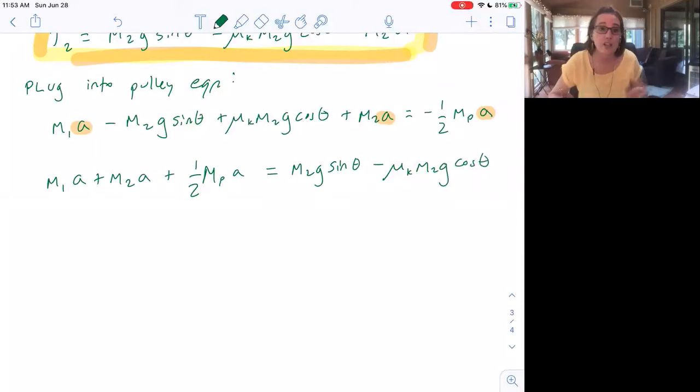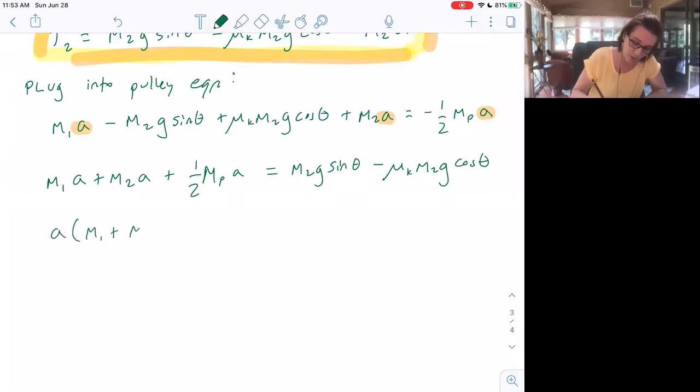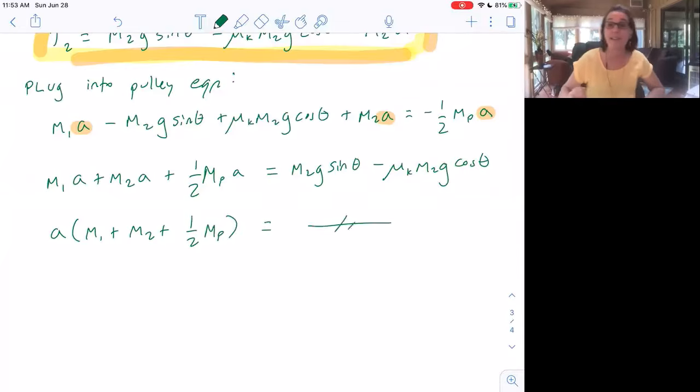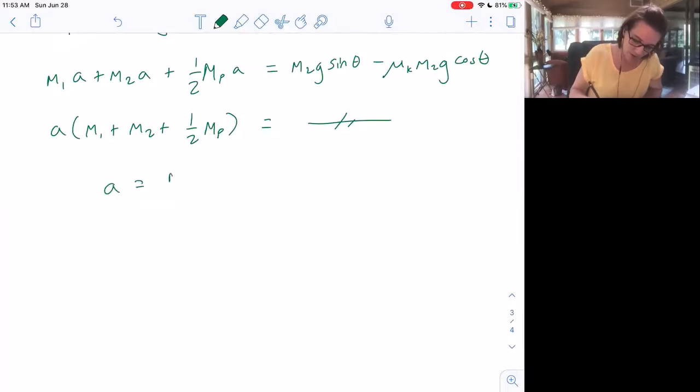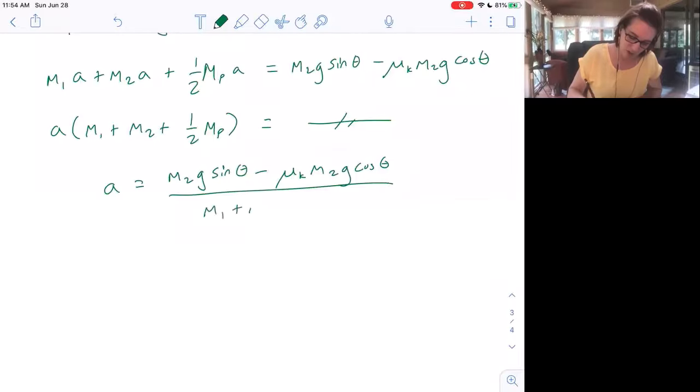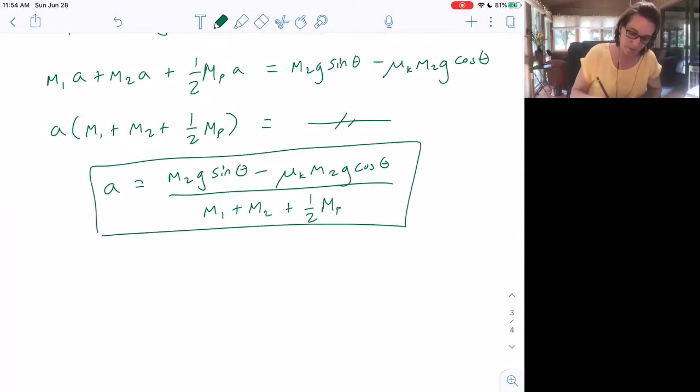And now I can just factor out my A and then divide by that factor. So this is just A times M1 plus M2 plus 1/2 m sub P equals all of that. And so we end up with our end result of M2G sine theta minus mu sub K M2G cosine theta all over M1 plus M2 plus 1/2 m sub P.